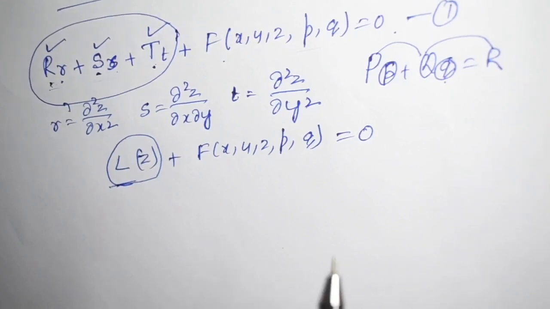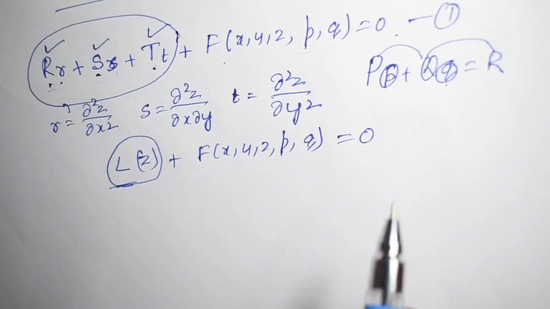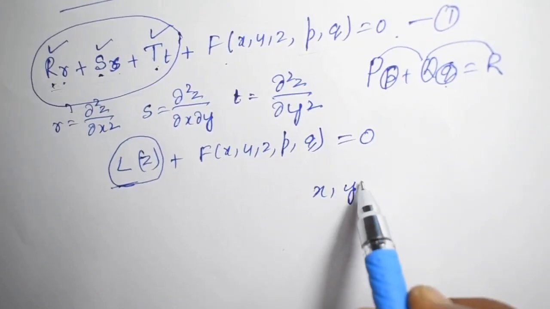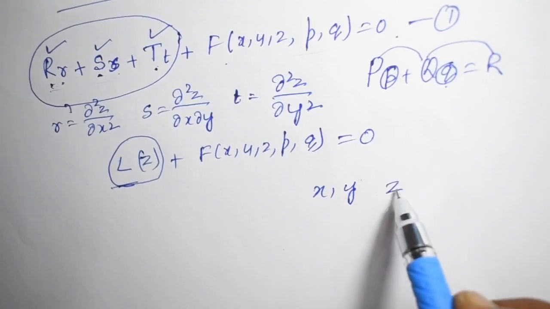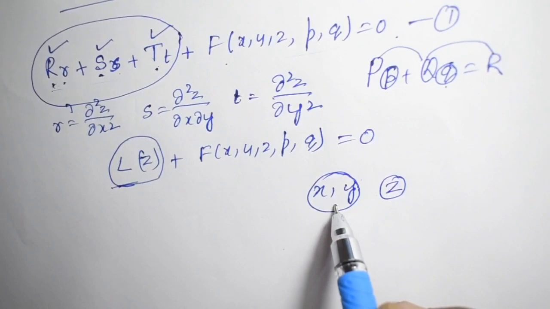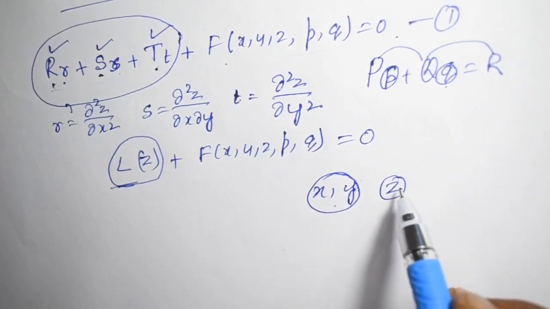To transform the equations, we are going to take some transformations for the original variables: x and y are the independent variables and z is the dependent variable. For the independent variables we take a transformation, and similarly for the dependent variable also.